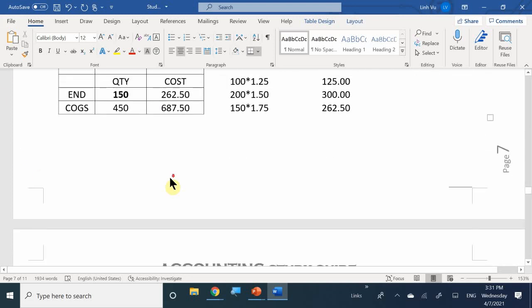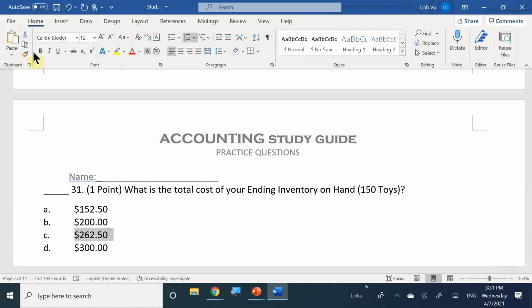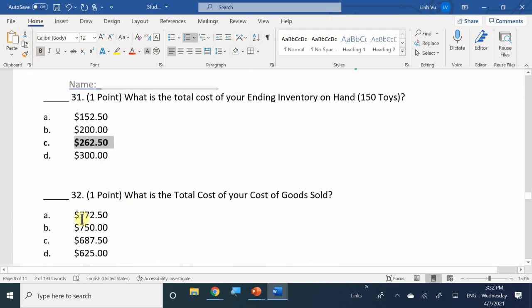Good. So let's see what the next question asks you. Question 31. What is the total cost of your ending inventory? C, 262.50. So that's the exact thing I'm going to ask you, okay? And then number 32 says, what is the total cost of your cost of goods sold?